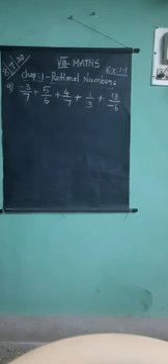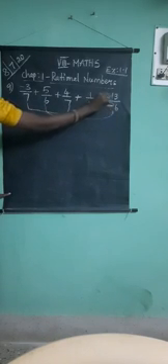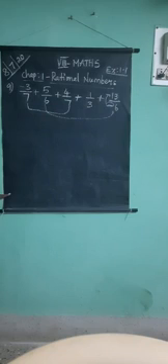Rational numbers we want to add, means see the denominator. Denominator same means we have to add the numerators. Now see, this denominator and this denominator is same, 6 and minus 6 is same. So this minus will move up to the numerator.